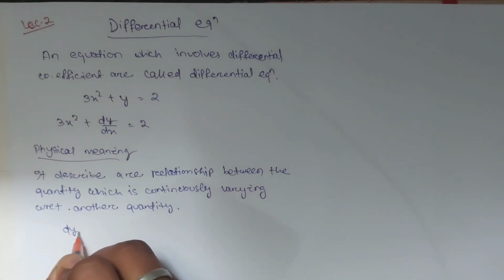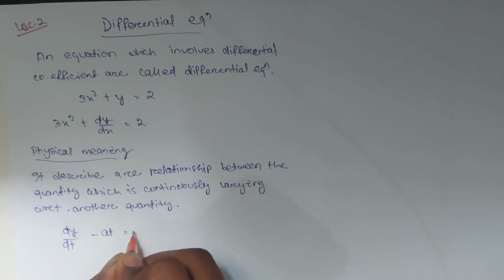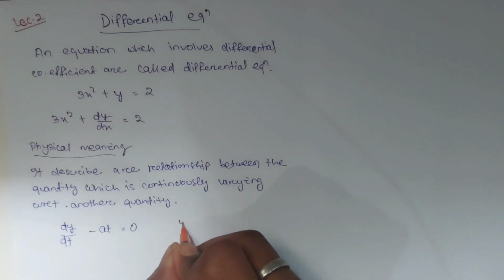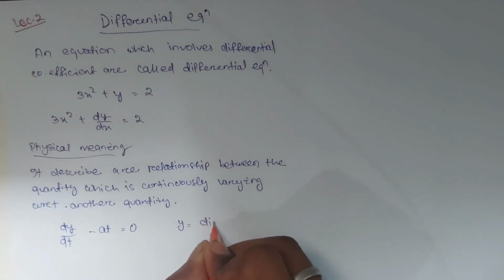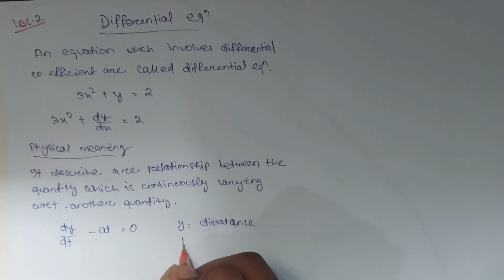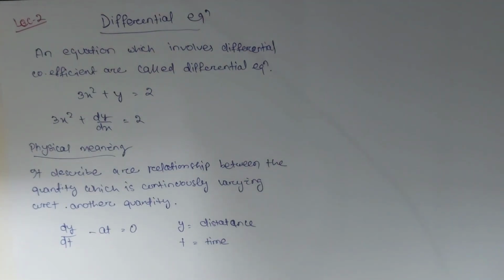Let's take the differential equation dy by dt minus at equals 0, where a is a constant, y is the distance and t is the time. The distance is varying continuously with time. As time goes on, the distance taken by the bike is varying.